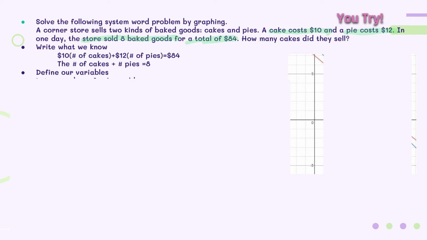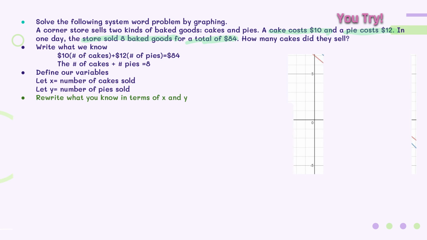The next step is to define our variables. I defined x as the number of cakes sold and y as the number of pies sold. Then I rewrite what I know in terms of x and y: 10x plus 12y equals 84, and x plus y equals 8.